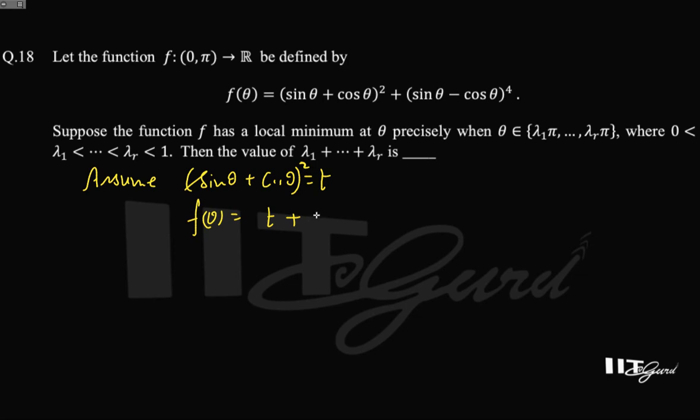Then we say f theta becomes t times (2 minus t) whole square, where t is sin theta plus cos theta. Open this, and you will find t square minus 3t plus 4.